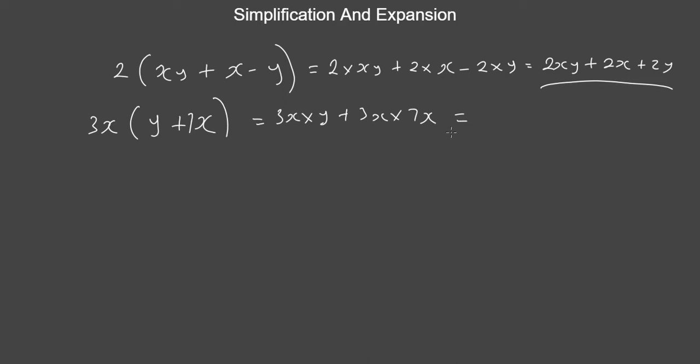Now, how do you deal with this? Since x and y are different, you just take it as 3xy. Then, in this case, you first multiply the coefficients, 3 times 7, that will give you 21. Then x times x.